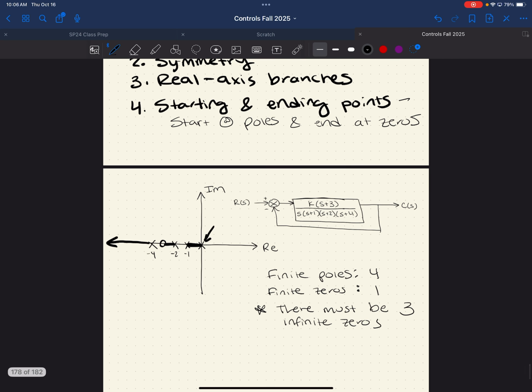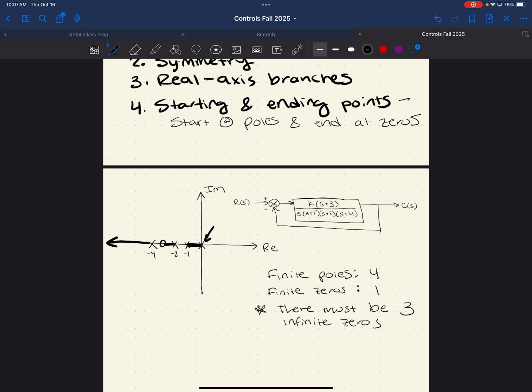Is there already one branch that starts at a pole and ends at a 0? Yes, the middle one. You could have argued that the one extending to infinity does as well, because it goes out to that infinite 0. But yes, so this branch already starts at a pole and goes to a 0. This one already starts at a pole and goes to an infinite 0.